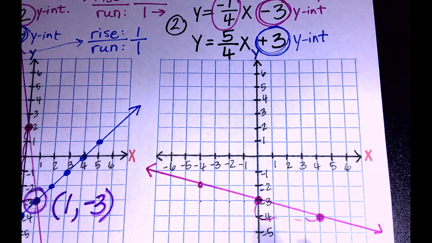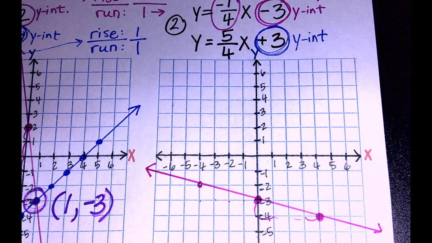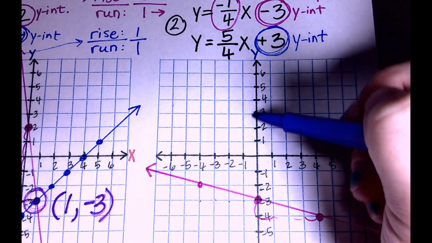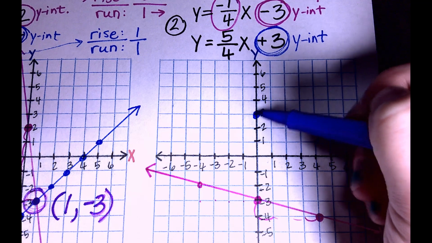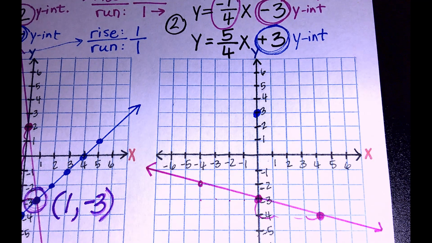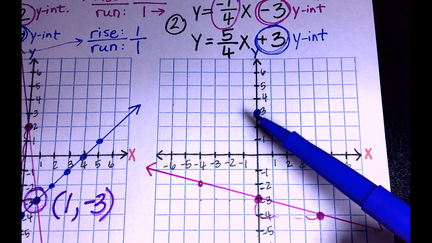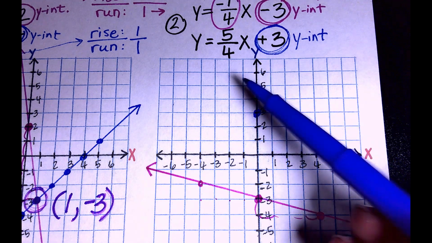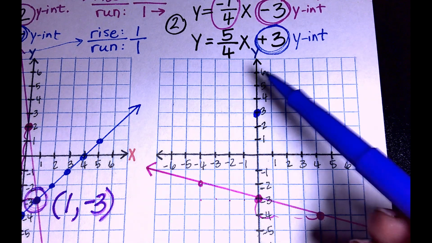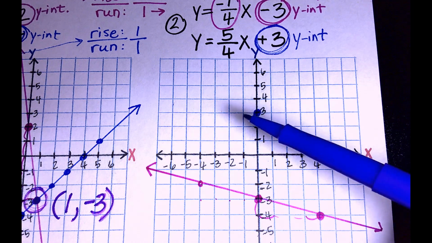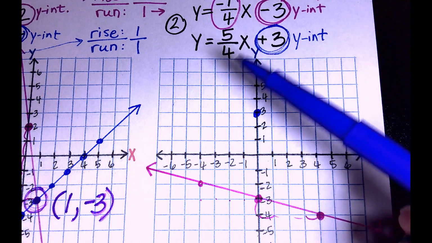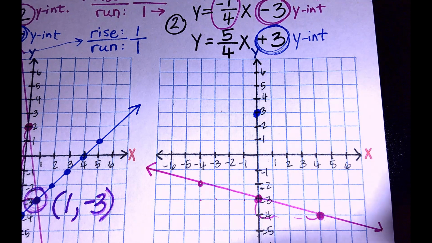So I'm going to go to +3 on the y-axis. Right here. Now we're starting on +3. My graph only goes up to 6 here on this page. When we start counting our slope, we might see that we're running into a bit of an issue.